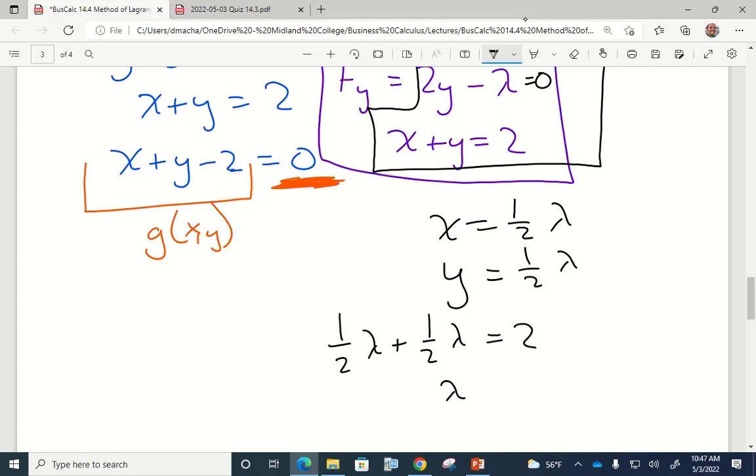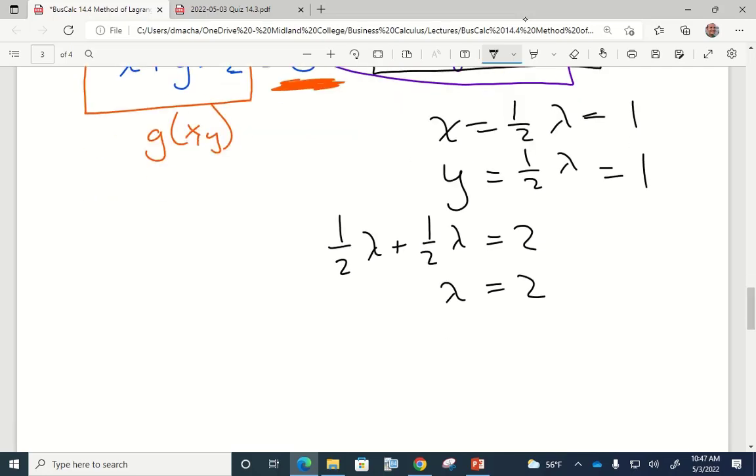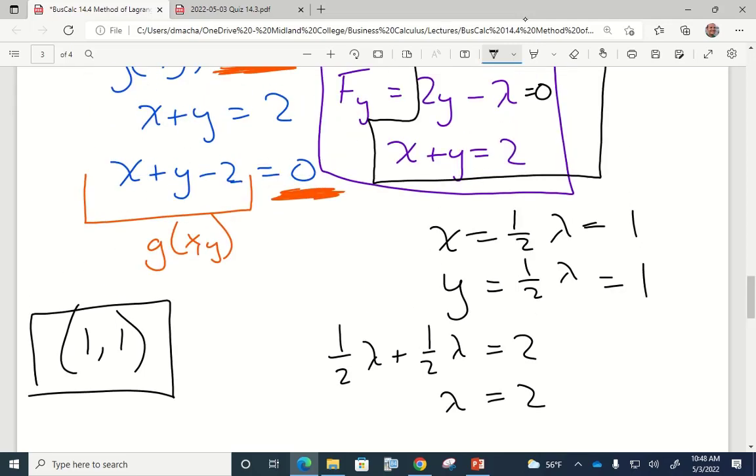Well, half lambda plus half lambda is just lambda, so that tells me lambda is 2. This tells me that x has to be half of lambda, so half of 2 is just 1, and then y is also 1, because it's the same thing. So this tells me that my point that's either a maximum or a minimum along my constraint is 1, 1. We see that it abides by the constraint because x plus y has to be equal to 2. 1 plus 1 is 2.